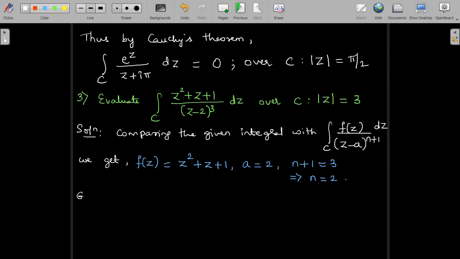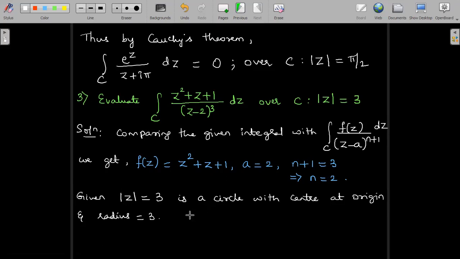Given mod z is equal to 3 is a circle with center at origin and radius equal to 3. Therefore, the point z is equal to a equal to 2 lies inside the circle, because the radius is equal to 3.